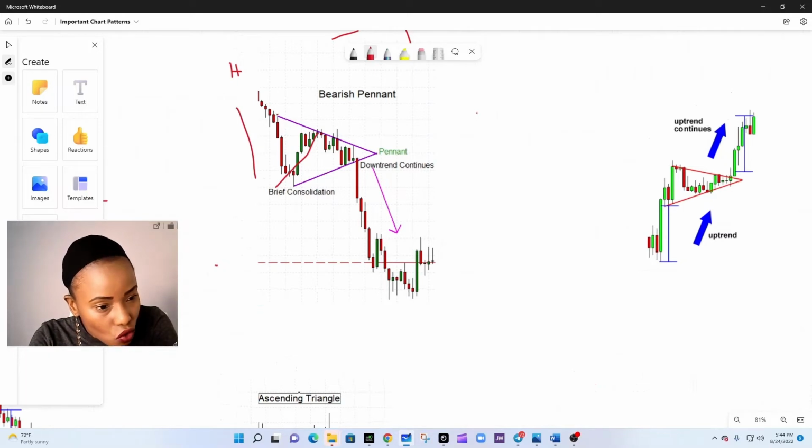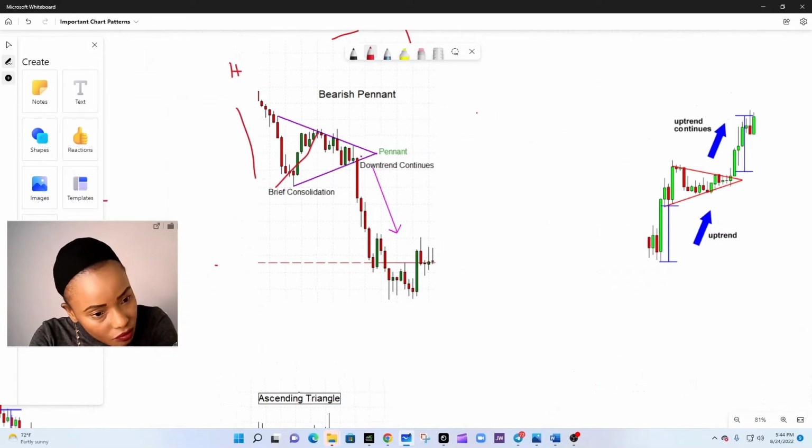If you draw two small trend lines, you'll find yourself drawing a triangular sort of shape. So the price is consolidating in these two tight trend lines and forming a triangular shape called a pennant. So this is just a brief consolidation during a trending market.